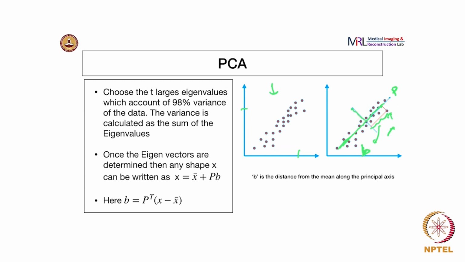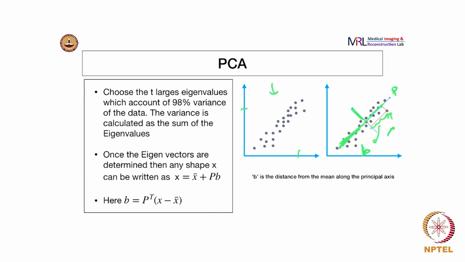The variance along this axis is much lower compared to the variance along this horizontal axis, where the maximum variance is, and we can safely ignore the other axis without losing too much information. So that's the idea behind doing the PCA.